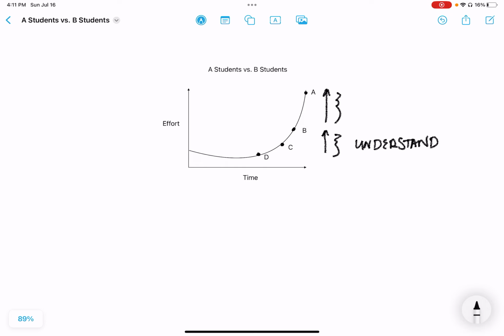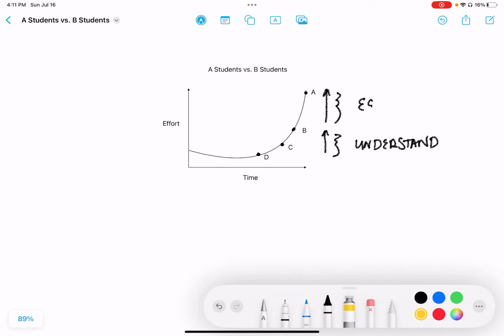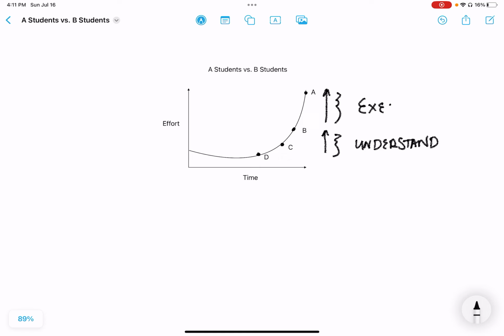That requires understanding. You can understand what the professor is saying, you can understand the concept, you can follow along, you can make sense of things, but to get from a B to an A, you need execution. Now, execution boils down to two things: repetition, how long you've sat with the material and seen it again and again and done it again and again, and simulation.